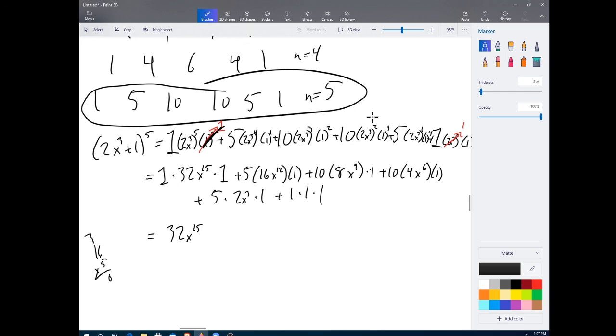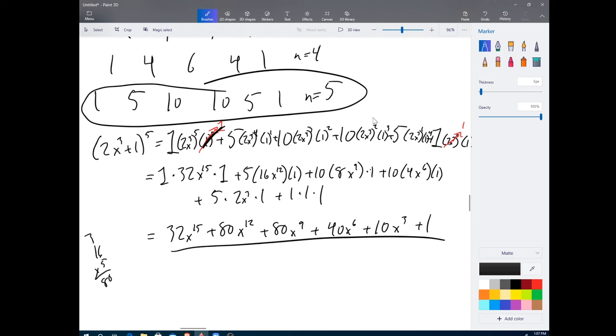I've got 30. Looks like it's 80. 32x to the 15th plus 80x to the 12th plus 80x to the 9th plus 40x to the 6th plus 10x to the 3rd plus 1 would be our binomial expansion.